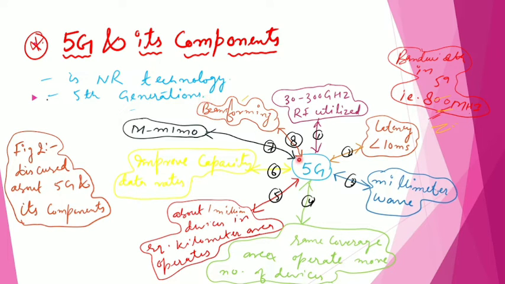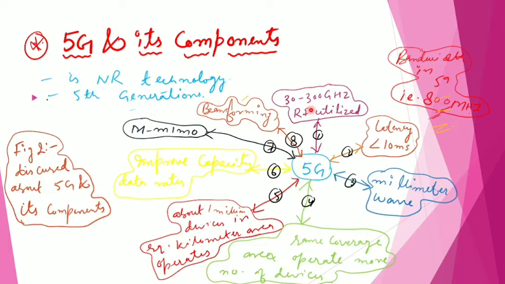Among the components of 5G, the RF frequency band is in the gigahertz range, that is 30 to 300 gigahertz. To understand this frequency band, suppose there is a one-way road and a lot of vehicles are moving on that one-way road.